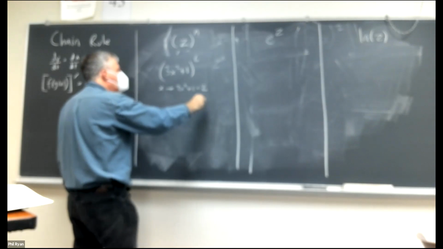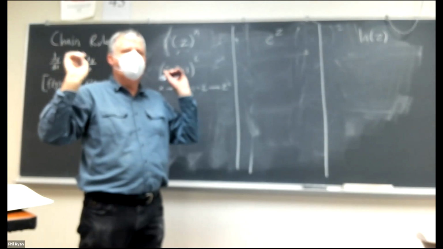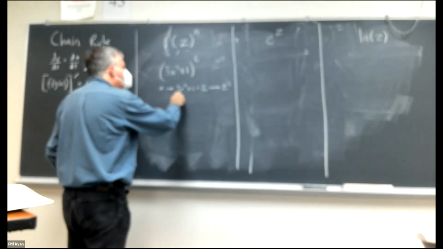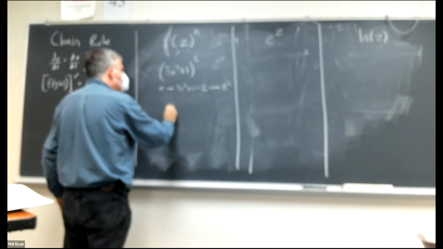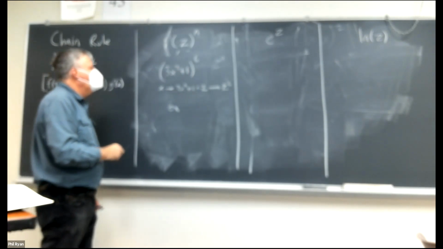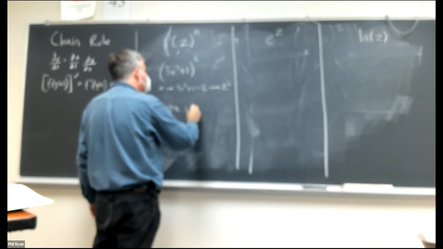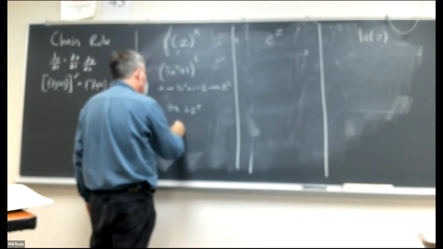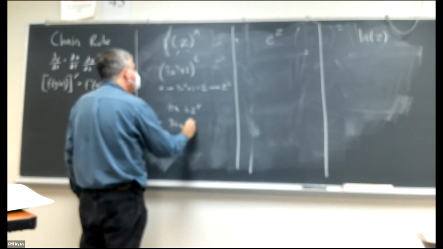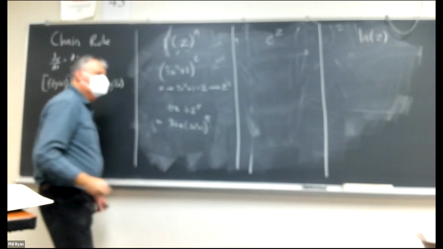We'll let that be z, and that goes to z to the 6th. It could be z or it could be u, whatever you use. It's kind of like a dummy variable. The derivative of 3x squared plus 1 is 6x, and then the derivative of z to the 6th is 6z to the 5th, which is going to be 36 times x times 3x squared plus 1 to the 5th.